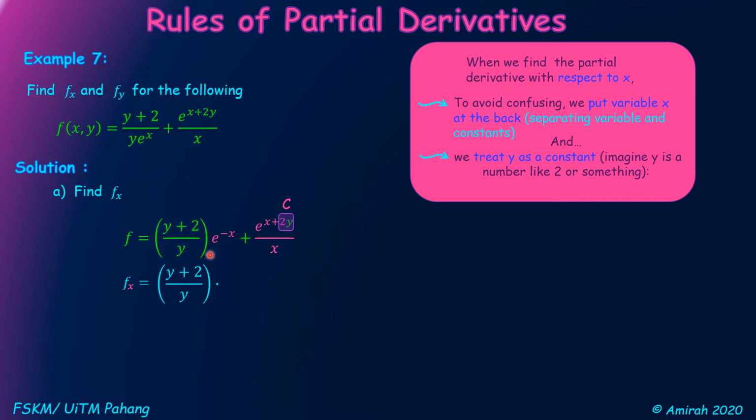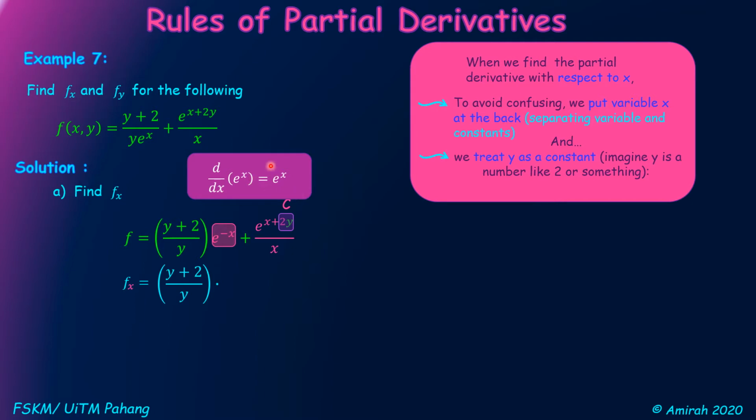Then we have the term containing variable x here, and now we want to find the partial derivative with respect to x. When we differentiate e to the power of negative x, we can refer to the derivative of e to the power of single x with respect to x.